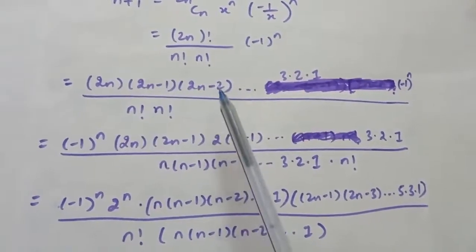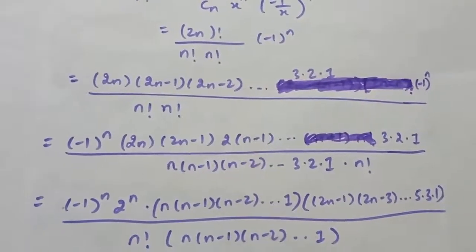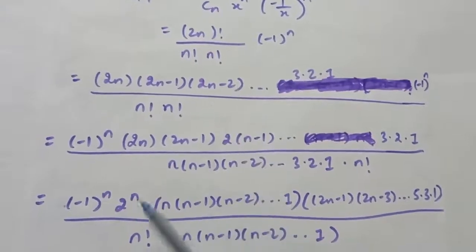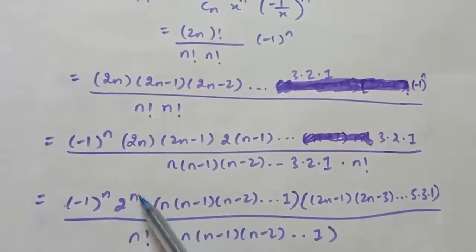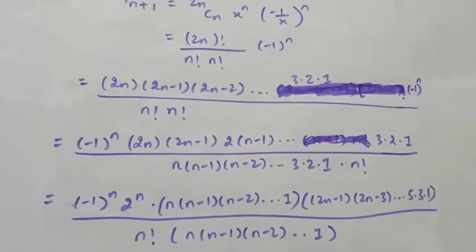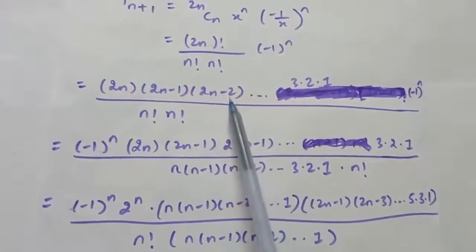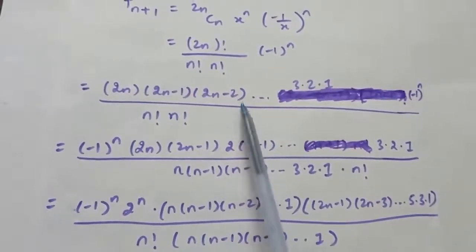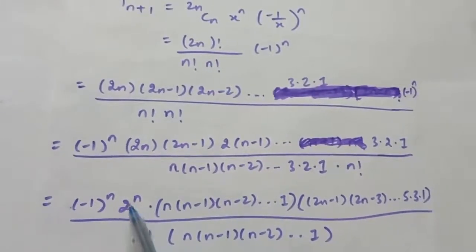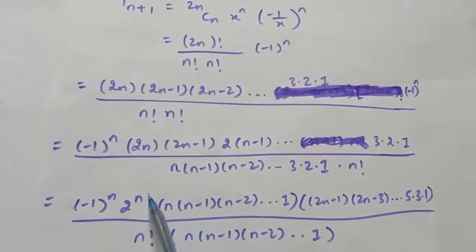Now from those n even numbers, from each number if I take out 2 common, then you will get 2 n times, and that will become 2 raised to the power n, multiplying 2 because these numbers are in multiplication. If we take out 2 common from each even number, you will get 2 n times. So when you multiply 2 n times, you will get 2 raised to the power n.